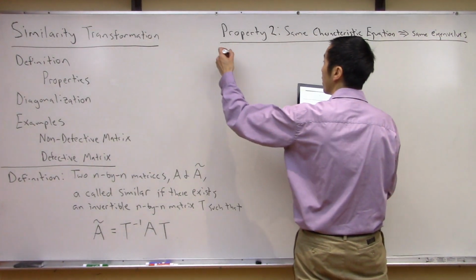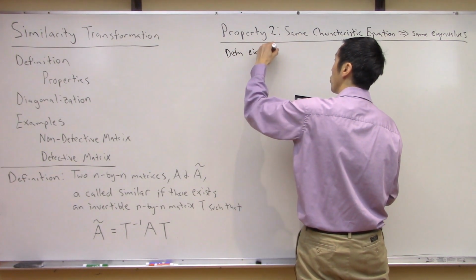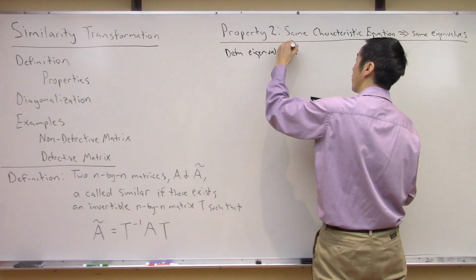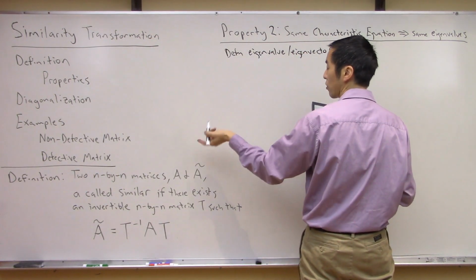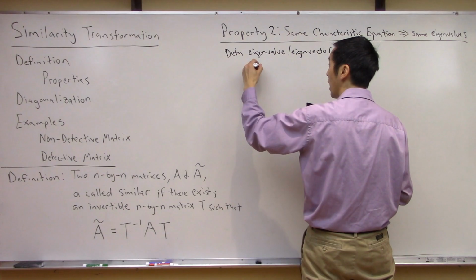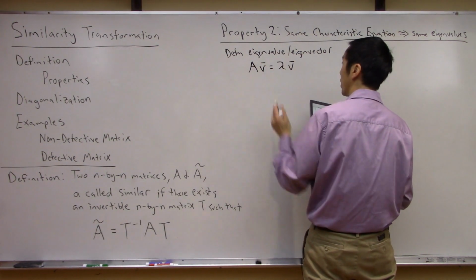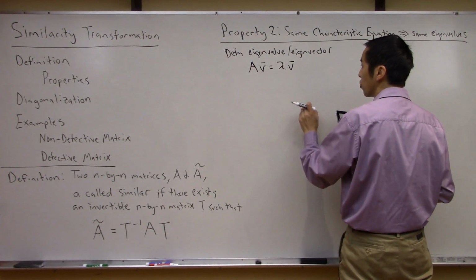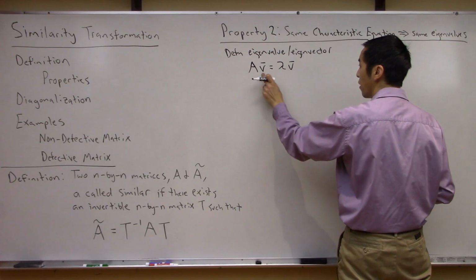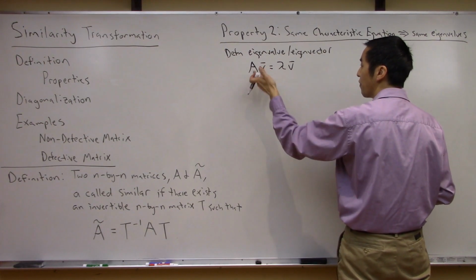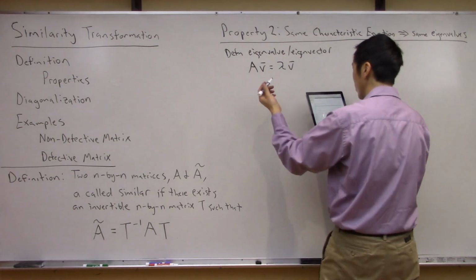So if you recall the definition of an eigenvalue and eigenvector, for matrices this is very common. Let's start with the matrix A. So A V is equal to lambda V. If this is true, then lambda is an eigenvalue of the matrix A, and V is the associated eigenvector of that matrix A. So let's go ahead and rewrite this.